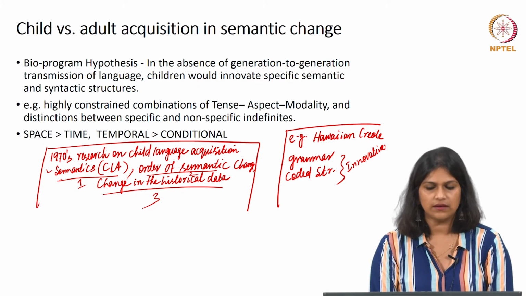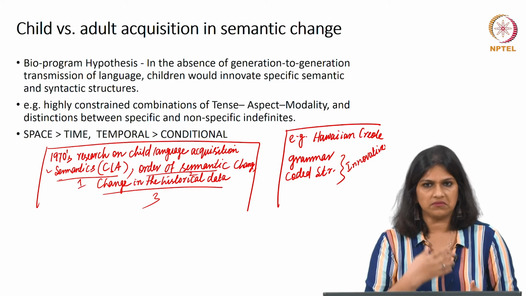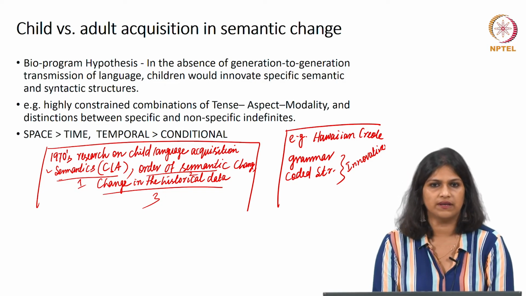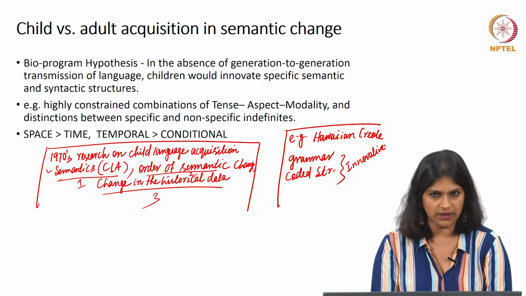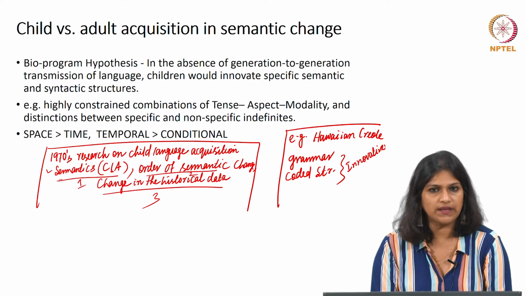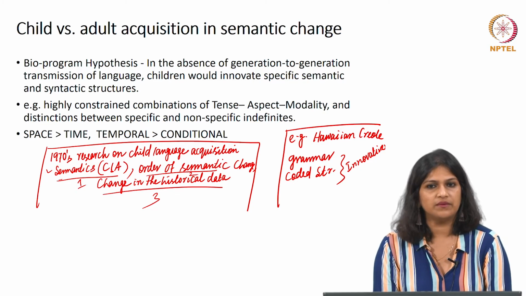Let us look at the statement that I just made: the bioprogram hypothesis has been largely exploded because it has been shown that creoles may be developed by adults, but spread and accelerated by children.